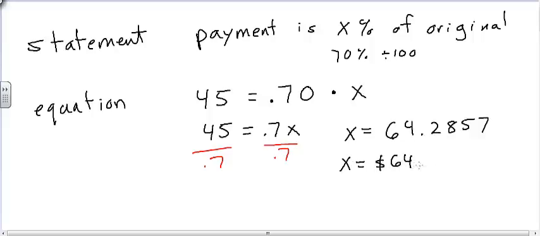So I'll say 64 dollars and 29 cents. That was the original price. So a sweatshirt that was originally $64.29, 30% off, allows for the payment of $45.